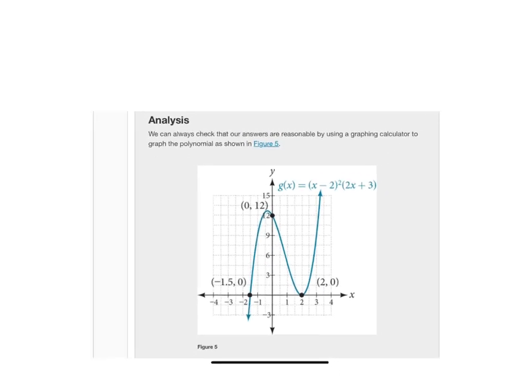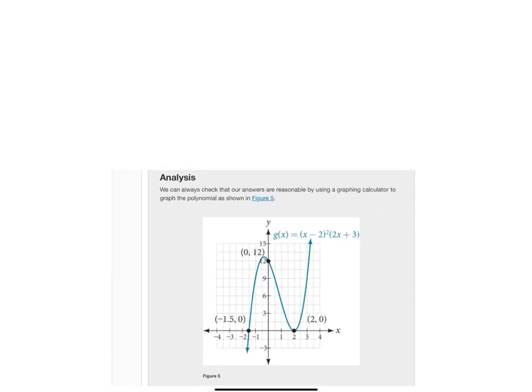Okay, so the next thing that we want to do is example 2. It says f of x equals x squared minus 3x to the 4th plus 2x squared.